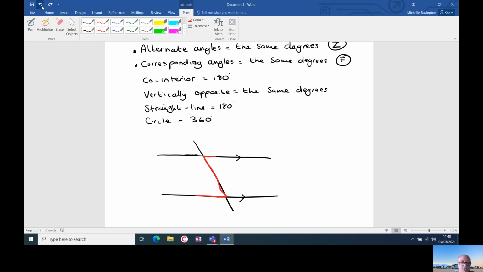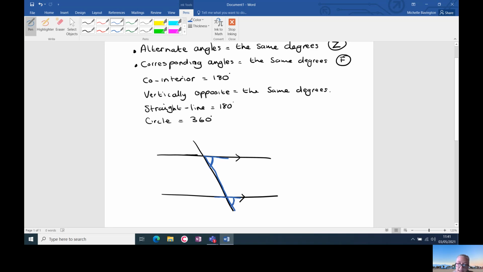Right, let's have a look at the F. If I drew an F along the line, it's all to do with the line, and I can join up here. That would be alternate, so it must be this one here.